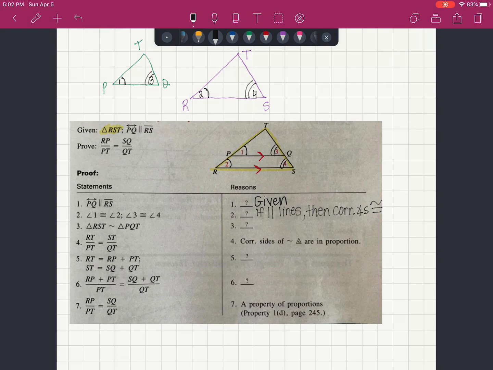So now this green triangle, triangle PQT, is similar to triangle RST, the bigger purple triangle. Those two triangles are now similar by angle-angle similarity. So by the angle-angle similarity postulate.